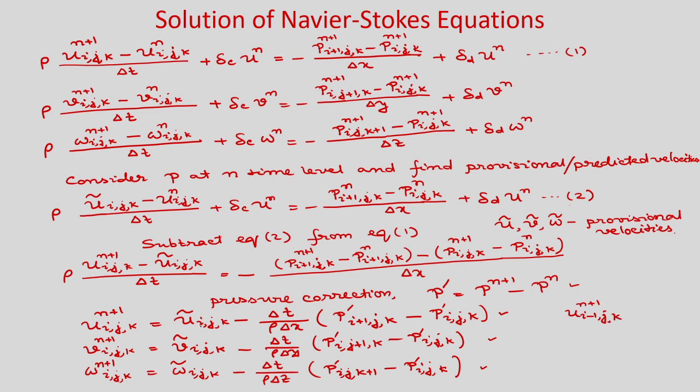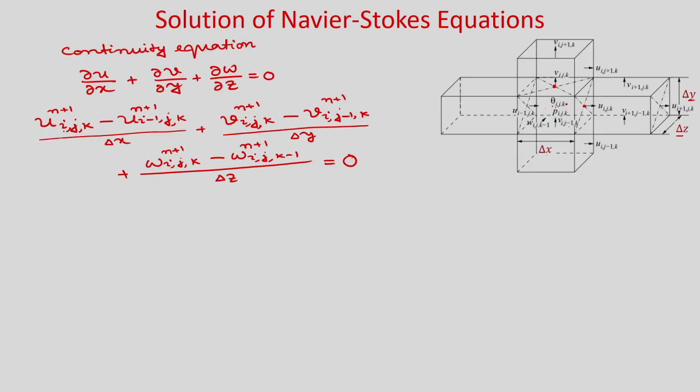Just put u i minus 1 here, and similarly change the pressure. Similarly, v i j minus 1 k and w i j k minus 1 at n plus 1 you can write with similar expressions, and if you substitute here, u i j k and u i minus 1 j k at time level n plus 1 you are going to get.